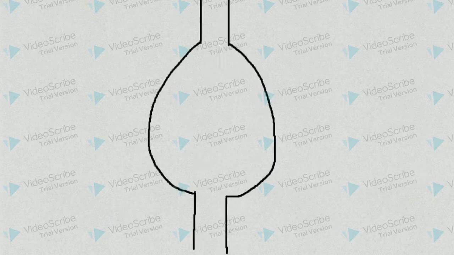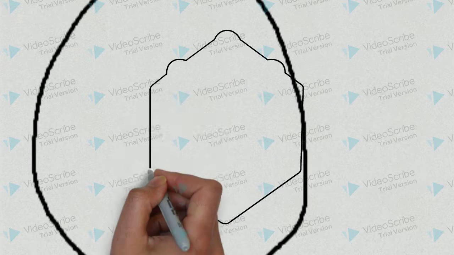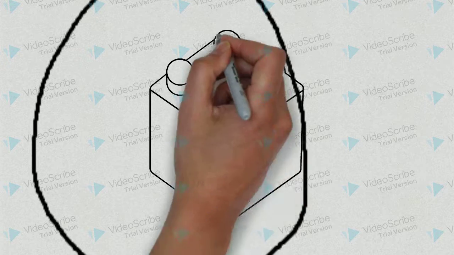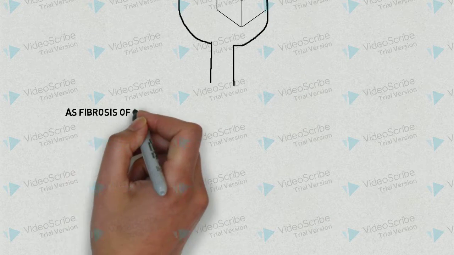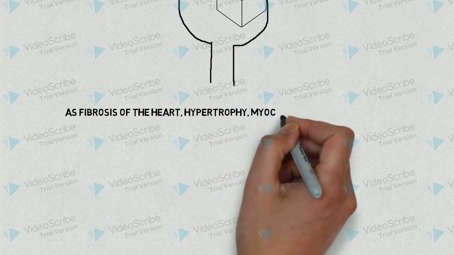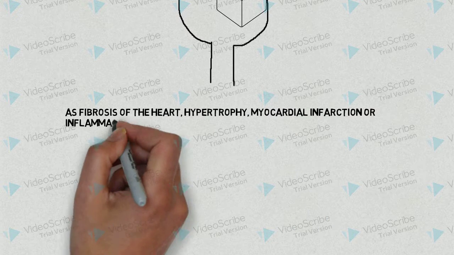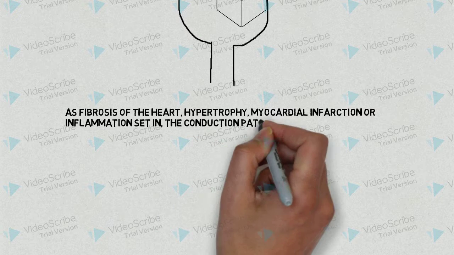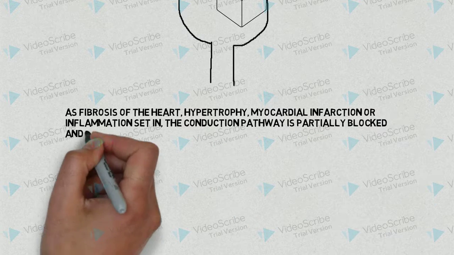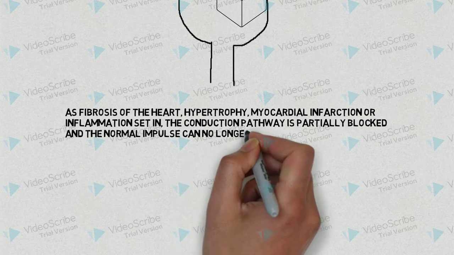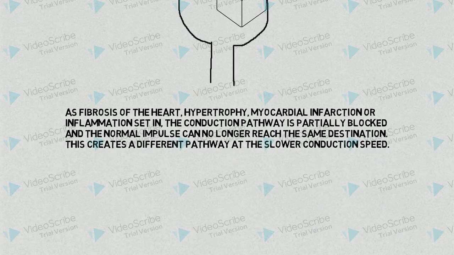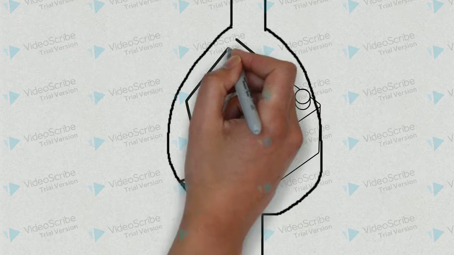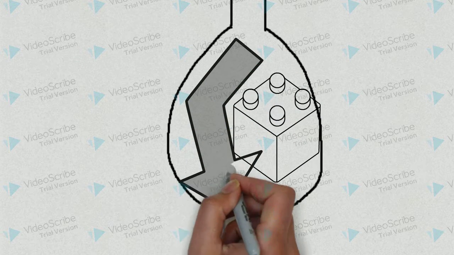Now taking a look at our junction again, we will draw this block here representing an occlusion. As fibrosis of the heart, hypertrophy, myocardial infarction, or inflammation sets in, the conduction pathway is partially blocked, and normal impulse can no longer reach the same destination, which creates a different pathway at a slower conduction speed. This will be our secondary pathway, which is slower.